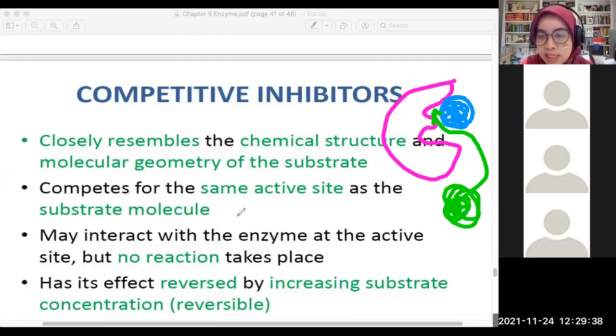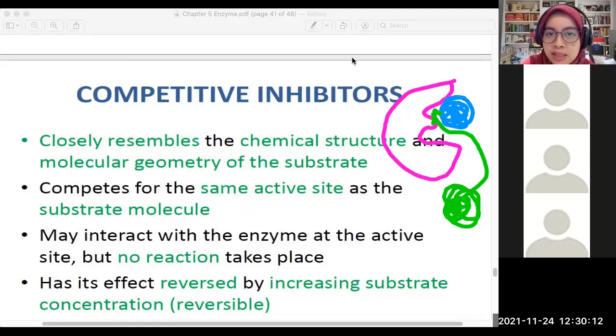It can interact with the enzyme, or no reaction can take place. Sometimes this inhibitor can come and bind and cause some reaction to take place, but sometimes it just sits at the active site to prevent the substrate from binding. So it's either of the two. This inhibition has its effect reversed by increasing the substrate concentration. Whenever the inhibitor sits in the active site, how do we remove it from the enzyme? We increase the amount of substrate. It's like creating stress for the inhibitors.